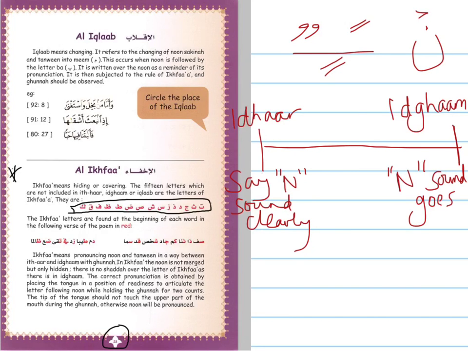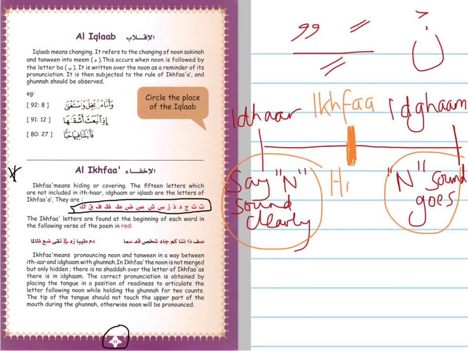It's not said. Ikhfaa is halfway between them, so we can put Ikhfaa here. It doesn't completely go like it would in idgham, and it's not completely said normally like it would be in Izhar. It's halfway between. And that's what we mean by trying to hide it. You try and hide the N sound.